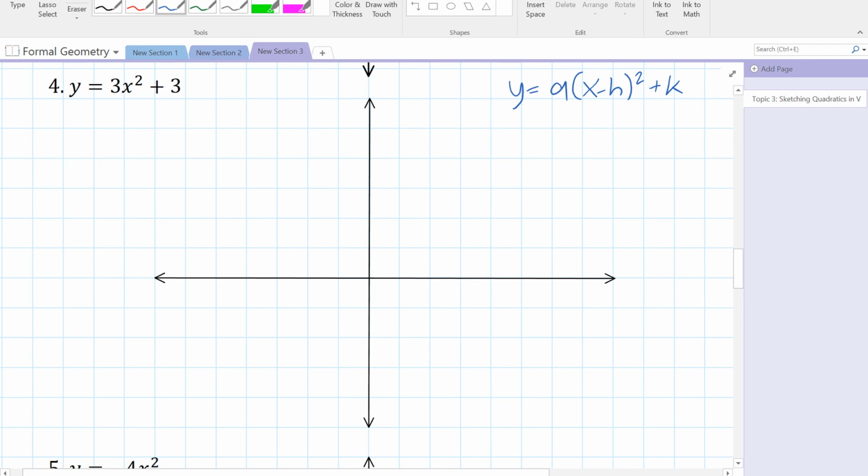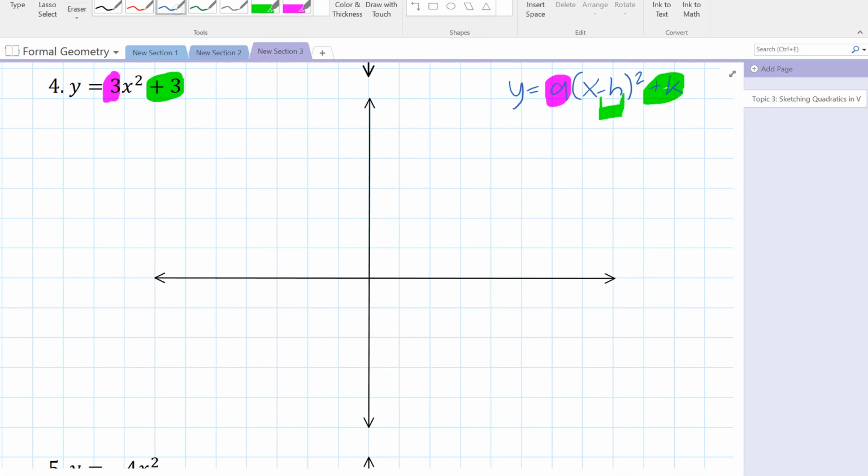Okay, so let's look at what I do have. So I have my a value, I have the number that goes in front of my x quantity squared, and then I also have my plus k. This number that's hanging out past my square is at the end of the equation. So what I'm missing is really this minus h.